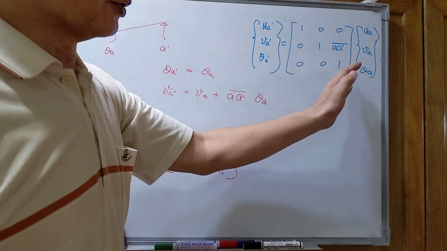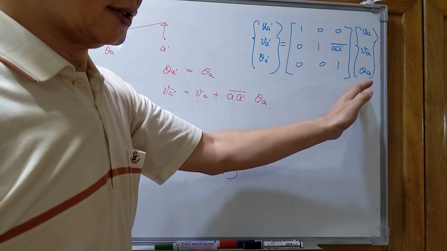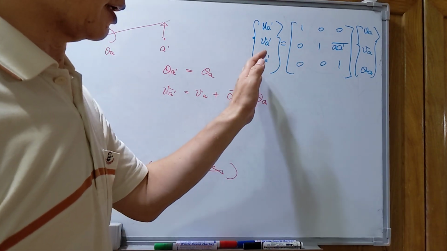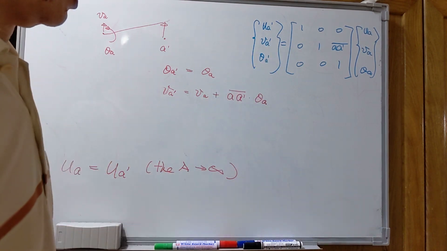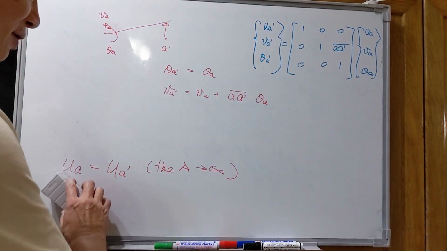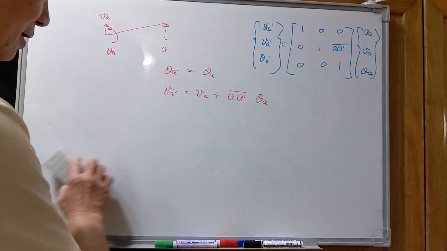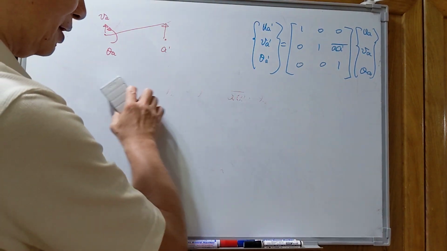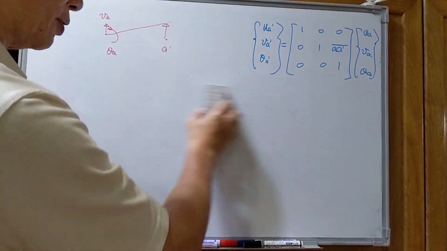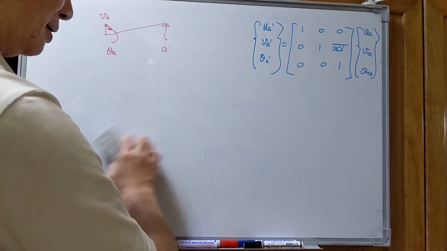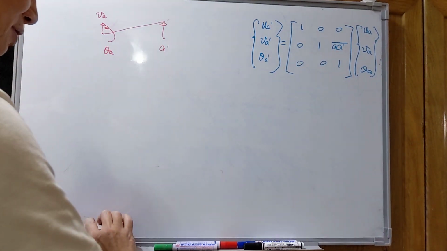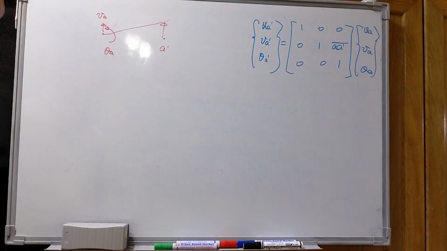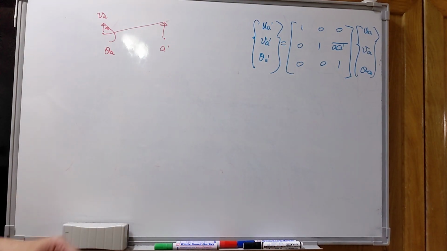If we know the nodal displacement at the point A, then we can calculate the nodal displacement at the A prime. You can say they are the constraint equations, or you can say they are the kinematic conditions. Also, we can calculate the relationship between the force.